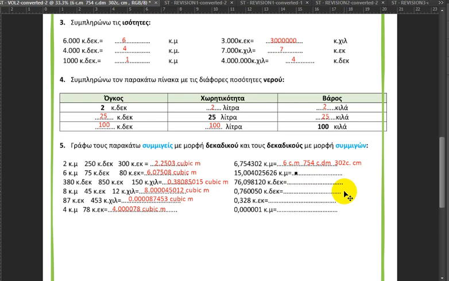Here we have 15 cubic meters and 4 cubic decimeters and 25 cubic centimeters and 626 cubic millimeters. There we go.